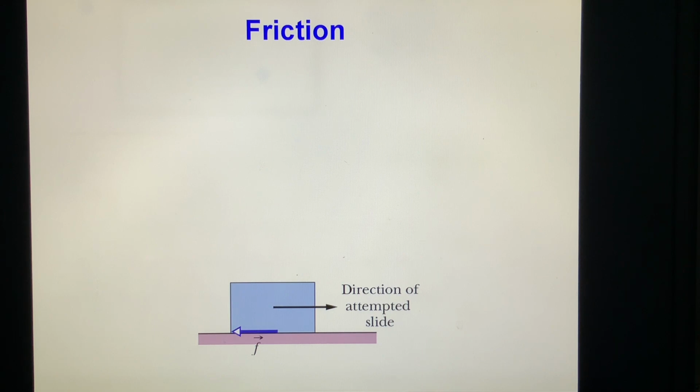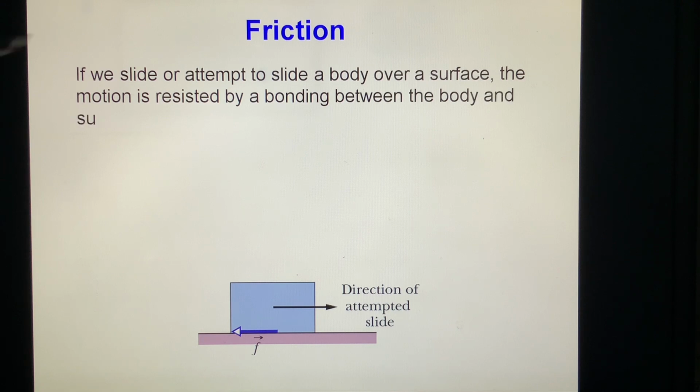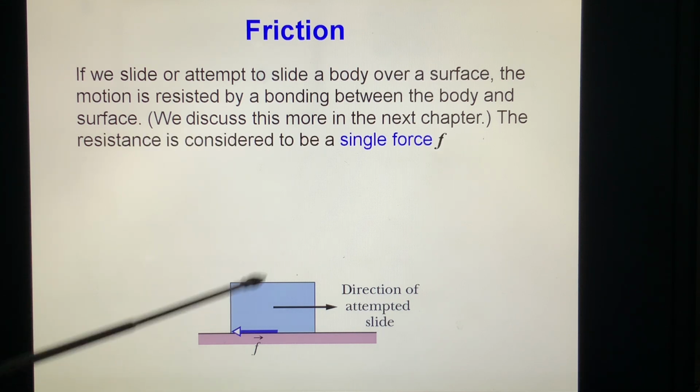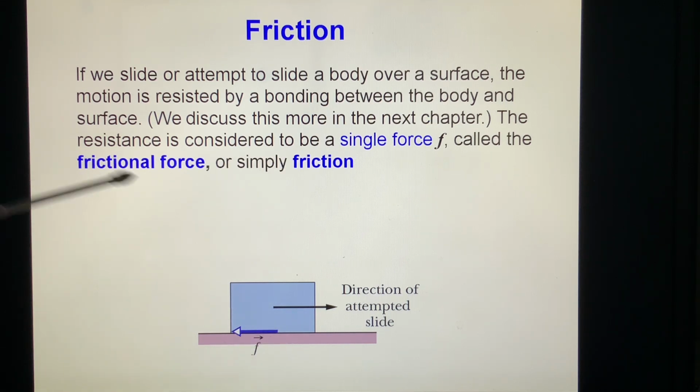Friction. If we slide or attempt to slide the body over a surface, the motion is resisted by a bonding between the body and the surface. We discuss this more in the next chapter. The resistance is considered to be a single force, F, called frictional force or simply friction.